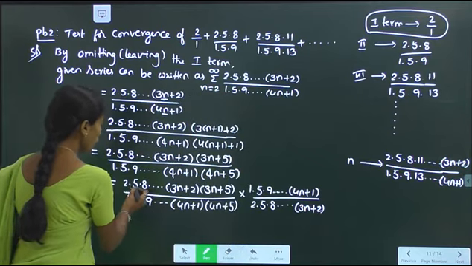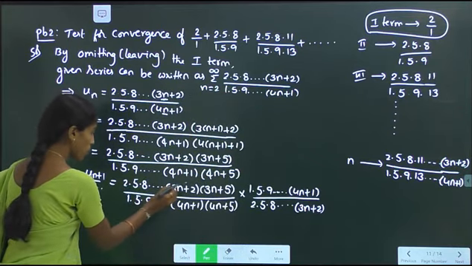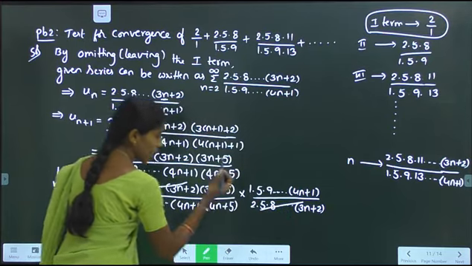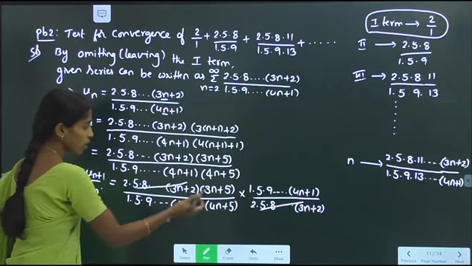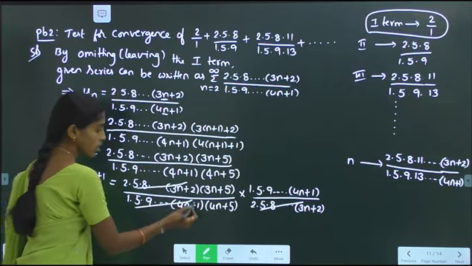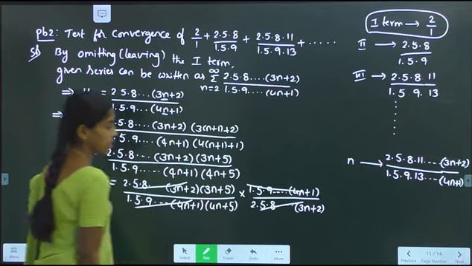So from 2 onwards up to 3n plus 2 it gets cancelled. In the denominator also from 1 onwards up to 4n plus 1 it gets cancelled, right?